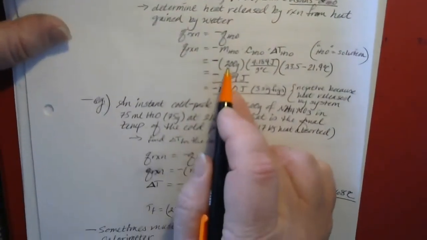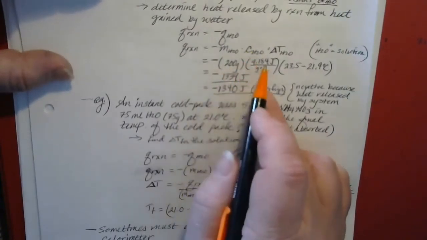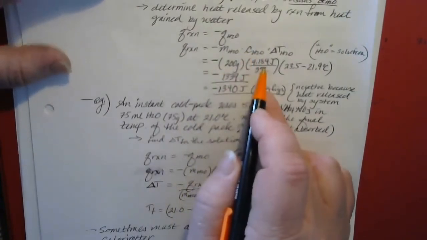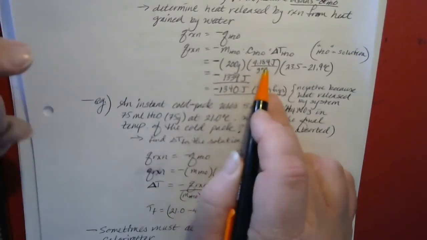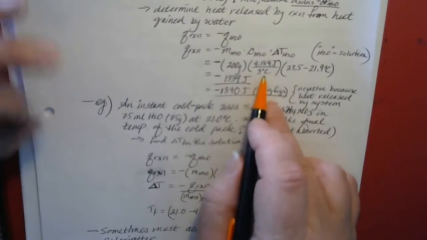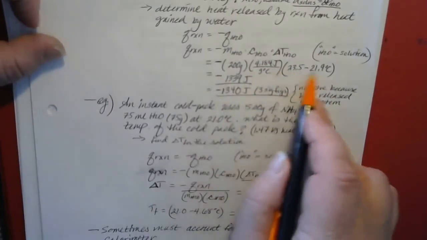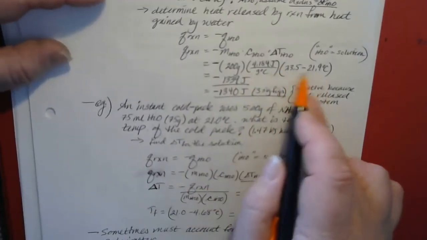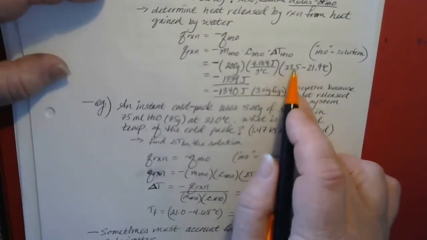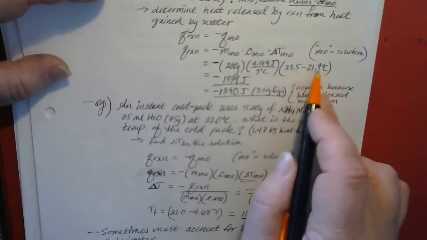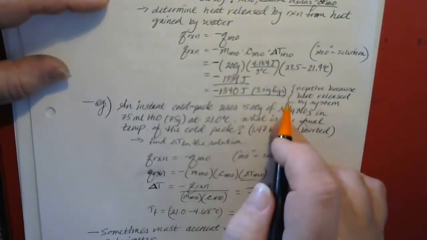So we're assuming the mass is 200 grams times the specific heat of water, and the specific heat of this solution should be close enough to that of water that we can use 4.184 joules per gram degree Celsius, times the change in temperature of the solution, which is final temperature 23.5 minus initial temperature 21.9.